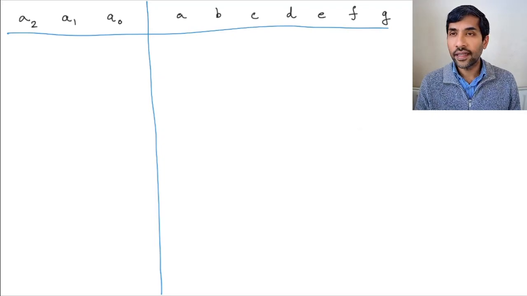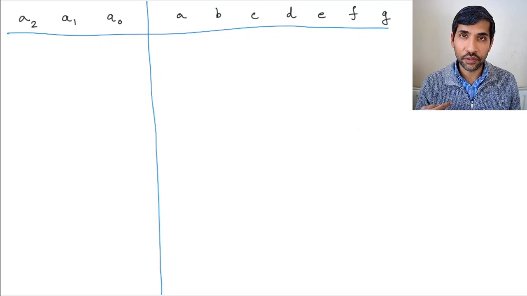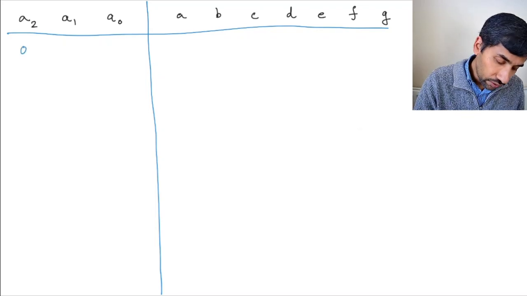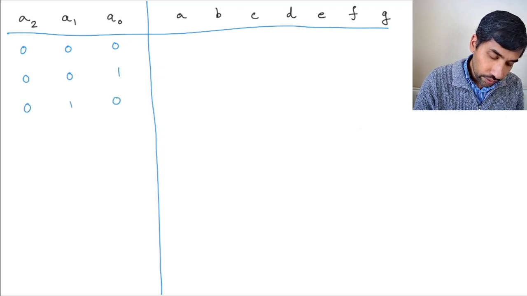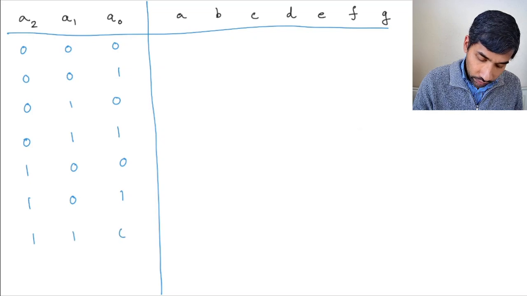Let's put all the combinations of the inputs here: 0 0 0, 0 0 1, 0 1 0, 0 1 1, 1 0 0, 1 0 1, 1 1 0 and 1 1 1.